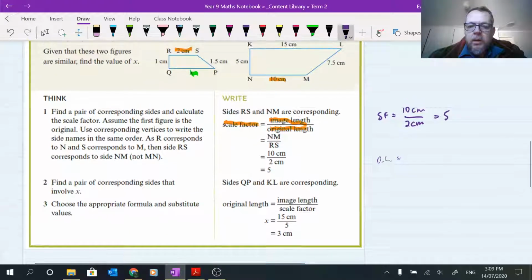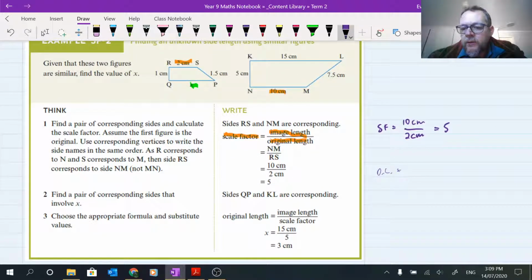The image length divided by the scale factor. And it's been a little while since I've written on here, but you just go, oh, well, what is that? Well, it's 15 is our image, so 15 centimeters divided by our scale factor, which we worked out there. So 15 divided by 5 is 3 centimeters.